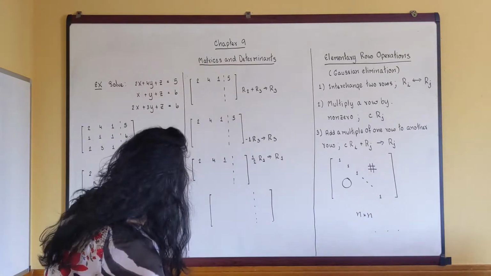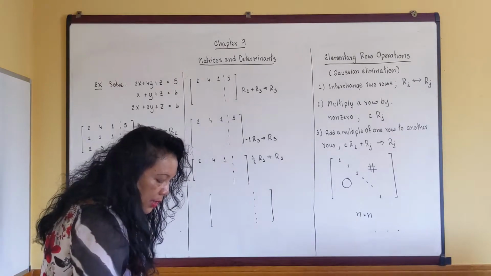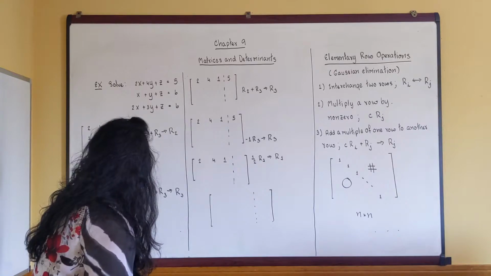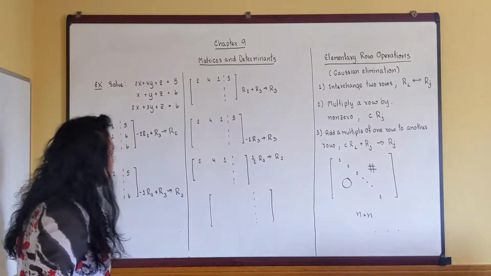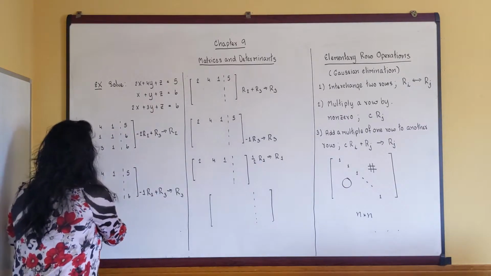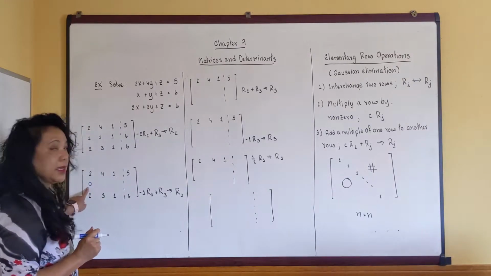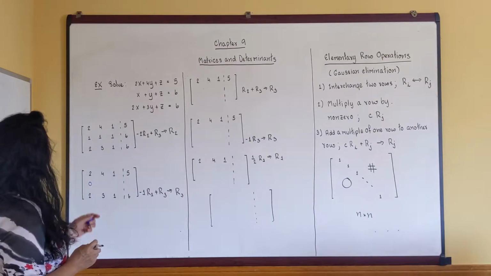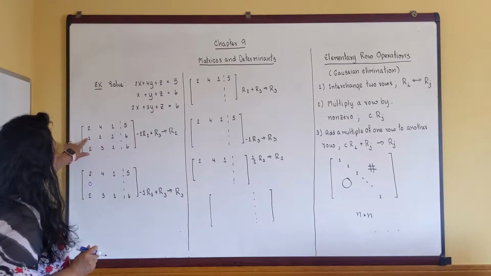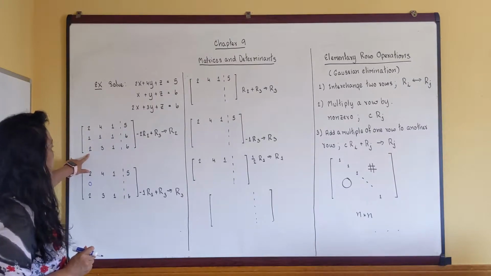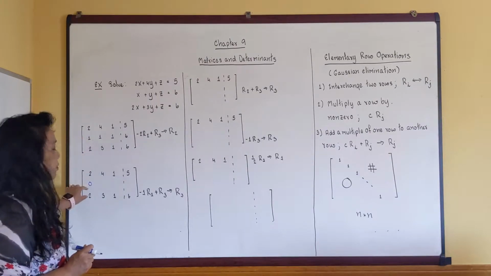So let's look at this. I just have to think ahead about what I need. Let's say I want to have 0 right here. I'm thinking if I multiply the second row by -2 and add it to the third row, I will have 0.